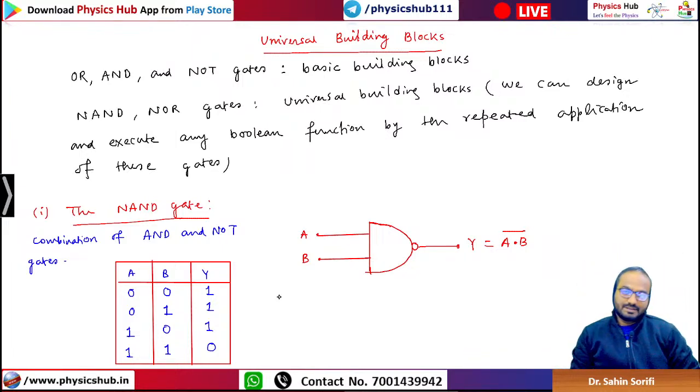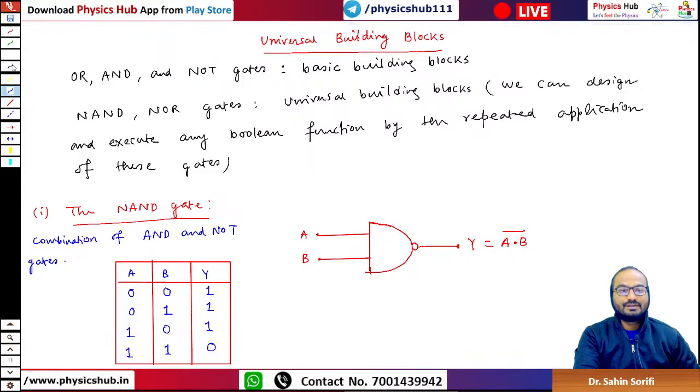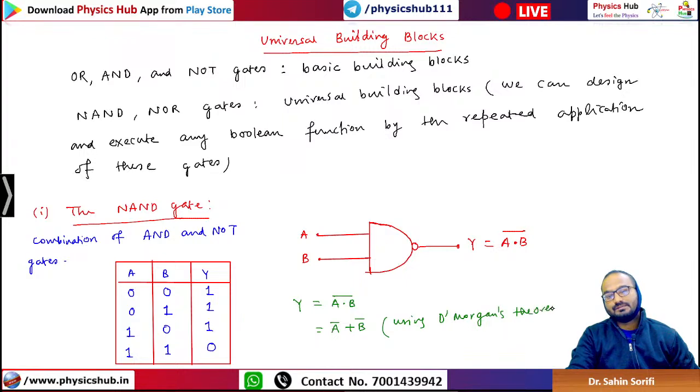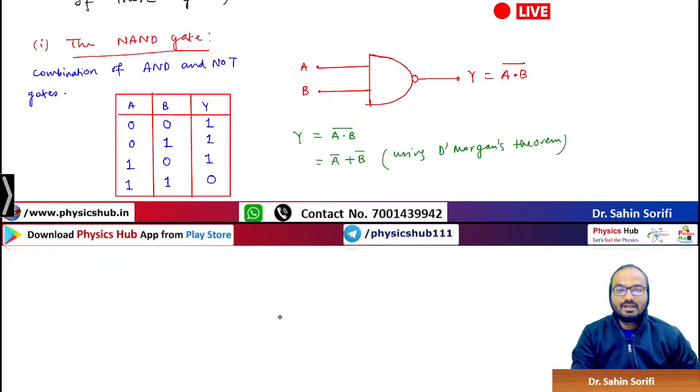Now, let me tell you an interesting fact about this NAND gate. The Boolean expression is Y equals A dot B complement. Now, if we apply De Morgan's theorem, it can be written as A complement plus B complement. Using De Morgan's theorem, can you write it? How do you get A complement?